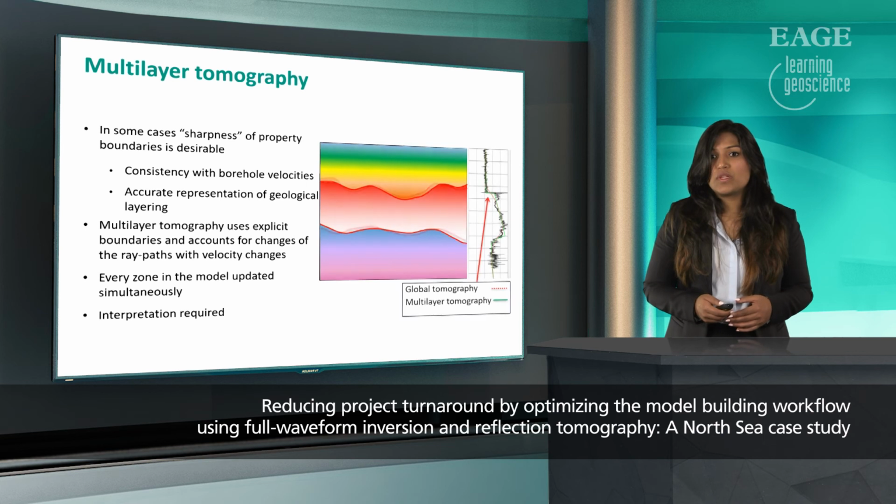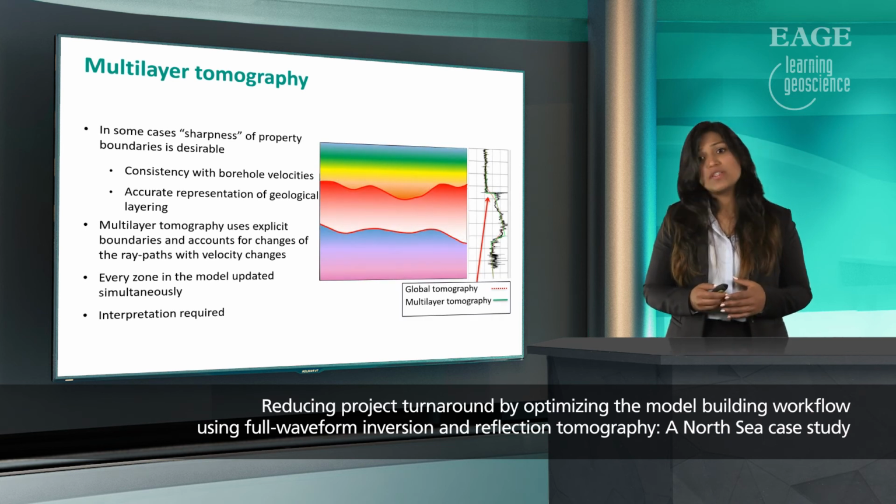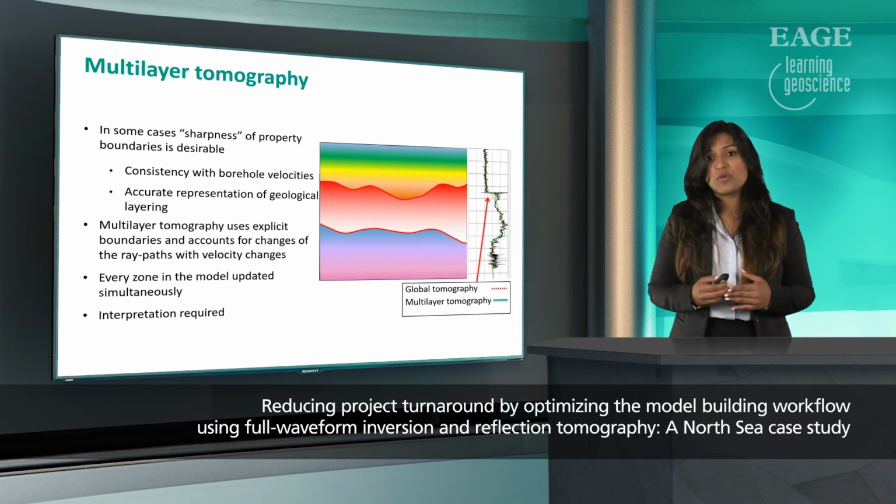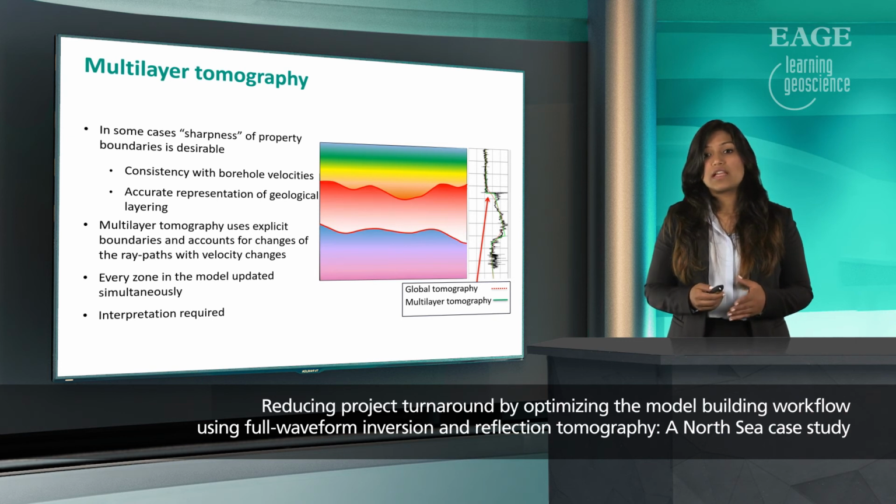And as you can see with the well velocity overlay here, with the global tomography you get a smooth gradient, but with multi-layer tomography, we achieve that sharp property contrast as required. However, it does require the interpretation of the layers that need to be inserted in the model.